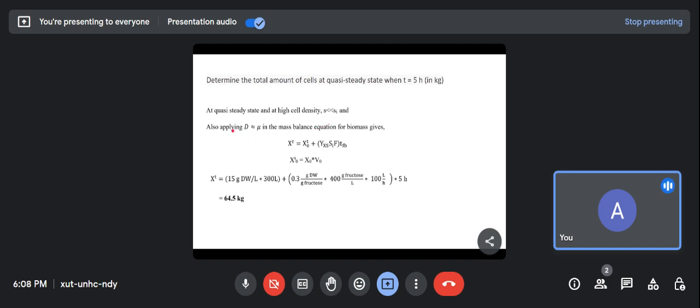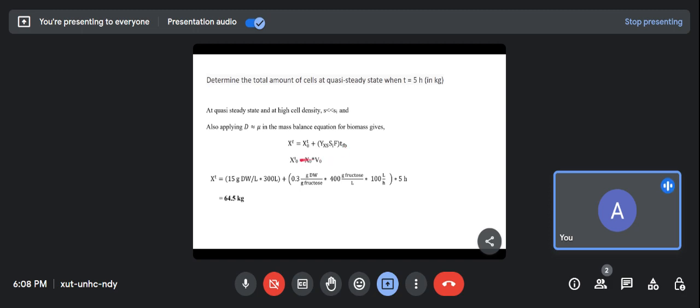Okay, and also you can apply the fact that the dilution rate will be equal to the growth rate at quasi steady state in the mass balance equation. Okay, so the total amount of biomass is equal to the amount of biomass at time t equals to 0 plus the yield coefficient, the initial substrate, and flow rate into time, right?